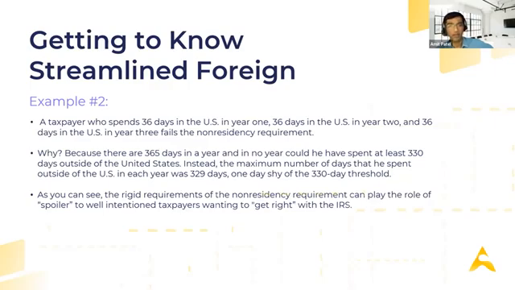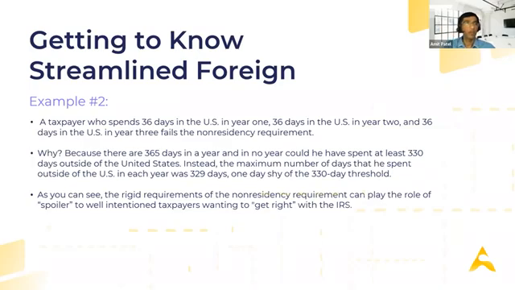Let's take one important aspect in this. I think I have that on the next slide. But before we go to that last line, as you can see, the rigid non-residency requirement can play the role of a spoiler to a well-intentioned taxpayer who wants to get right with the IRS. So when someone is coming forward, it's important to see whether you qualify for streamlined domestic or streamlined foreign procedure.